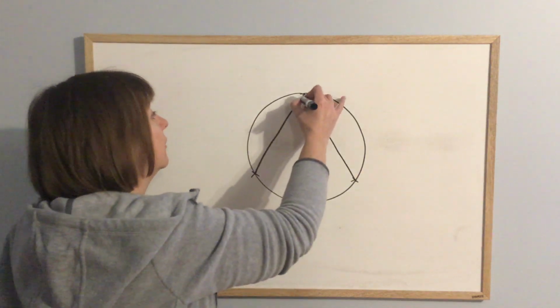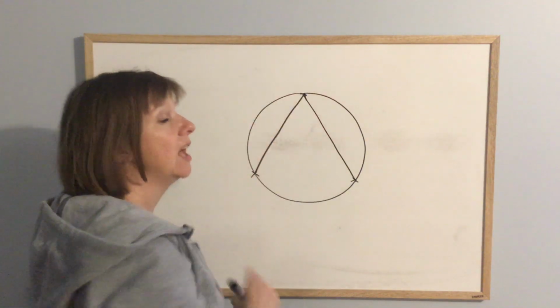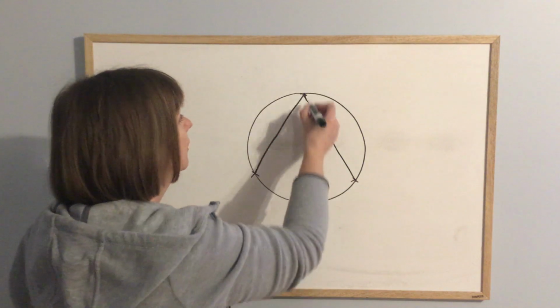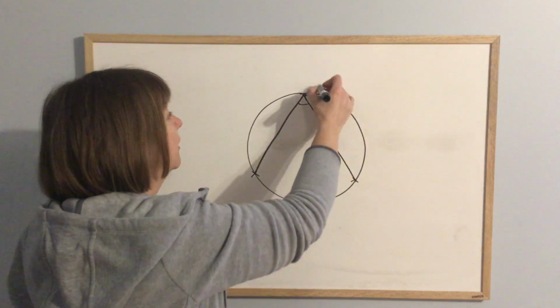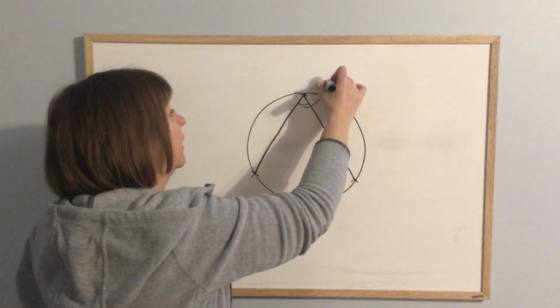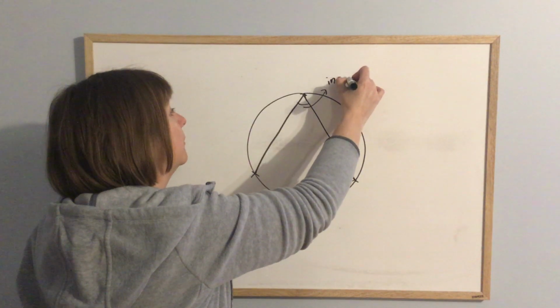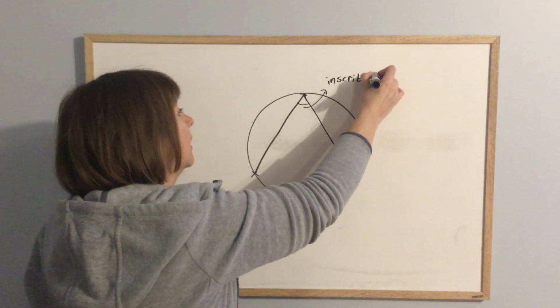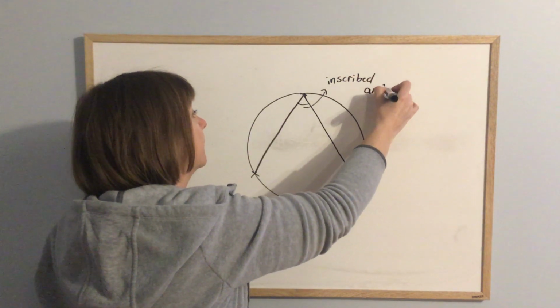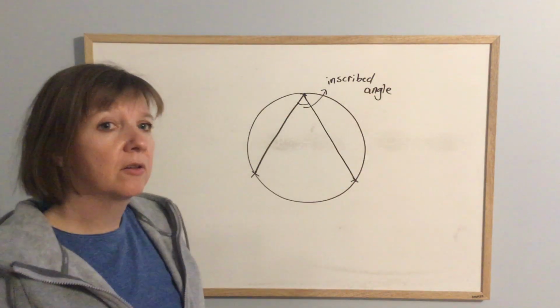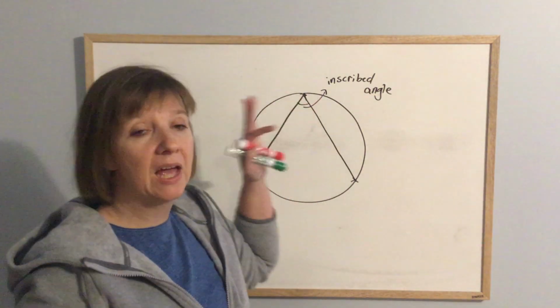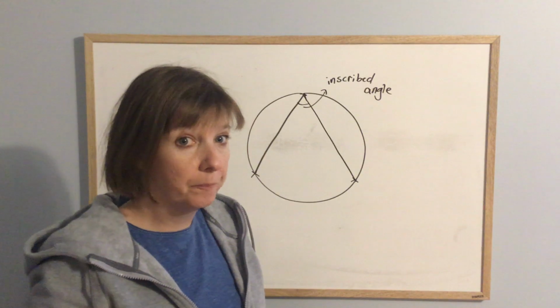An angle that happens at the edge of a circle, like this, is called an inscribed angle.